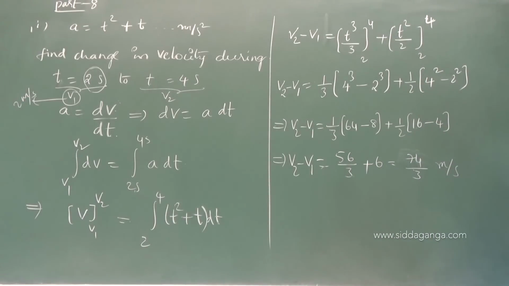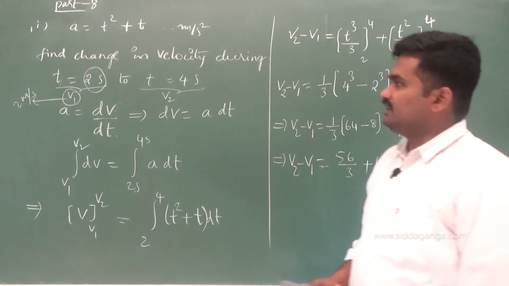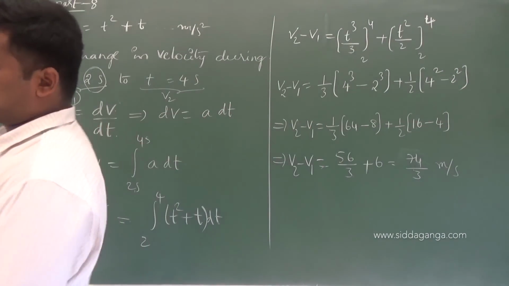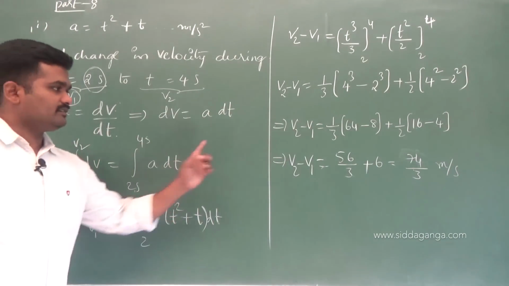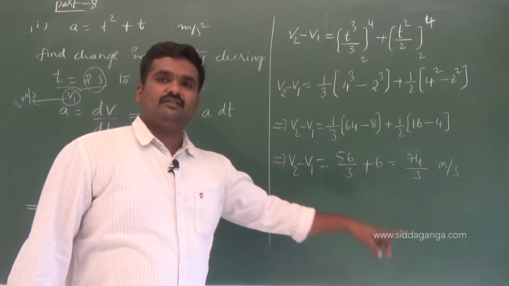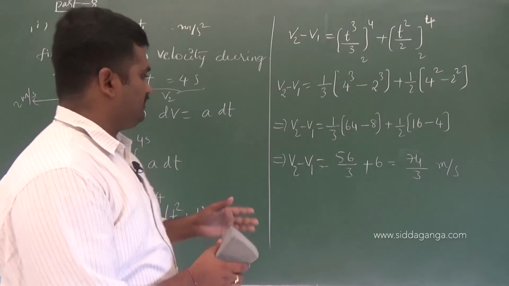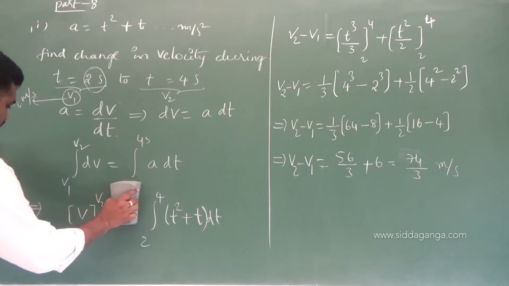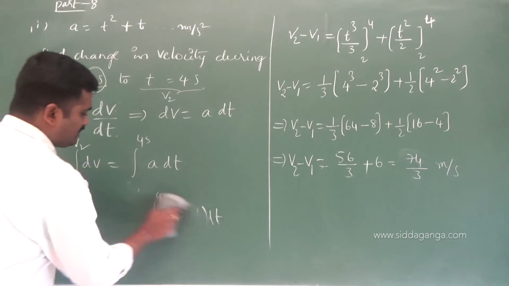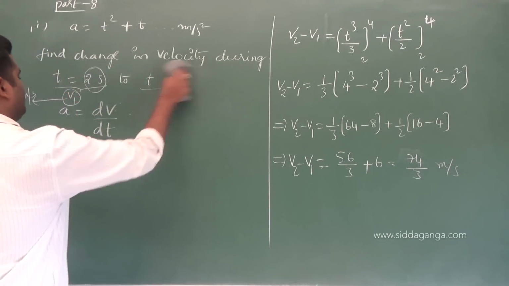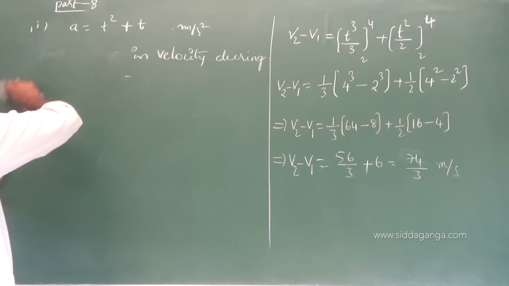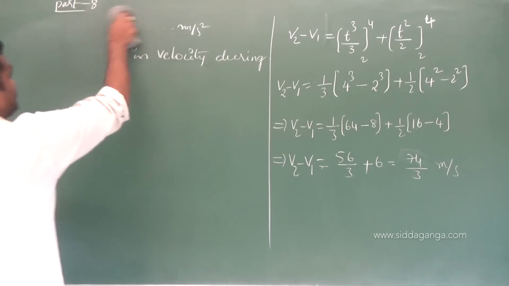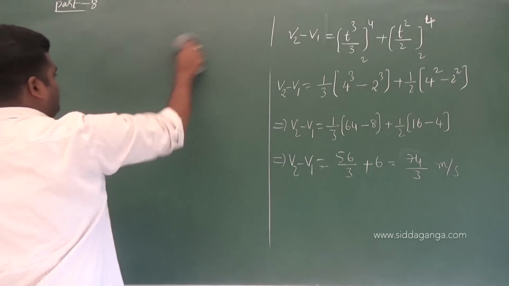Problems related to velocity, how you need to find. If they give the variation of acceleration with time, how to find the velocity with respect to time, and how you need to solve for it by applying the limits. This is the one method you have to remember. In the previous class I already mentioned the variation of displacement with time and how to find velocity also.